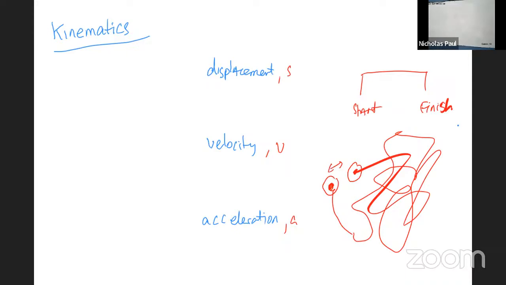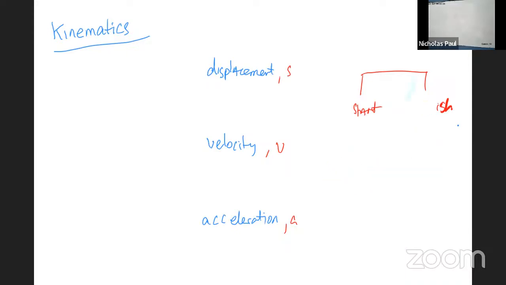One thing I want to point out here is this. If you were on a road, let's say here's O, and let's say here's A. And here to here is 5 meters. If you travel from O and go to A, displacement is 5 meters, correct? Are you okay with that?